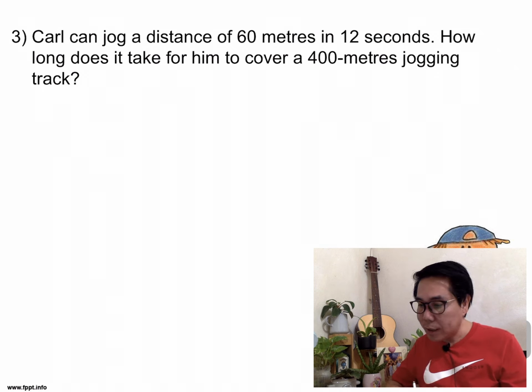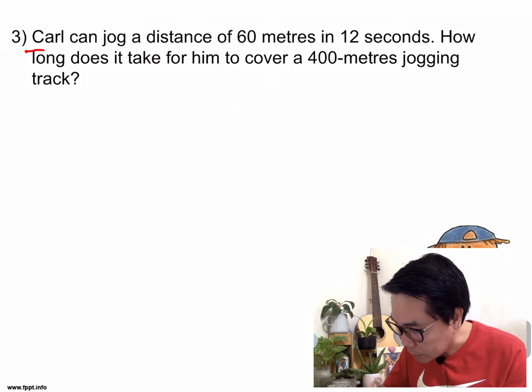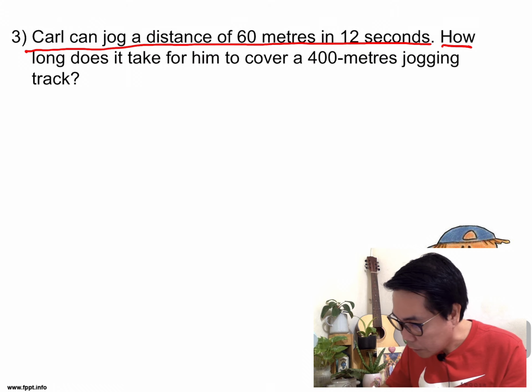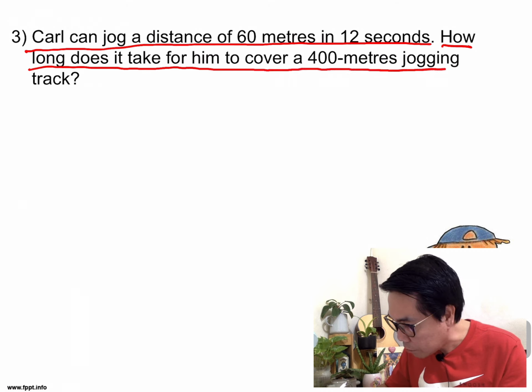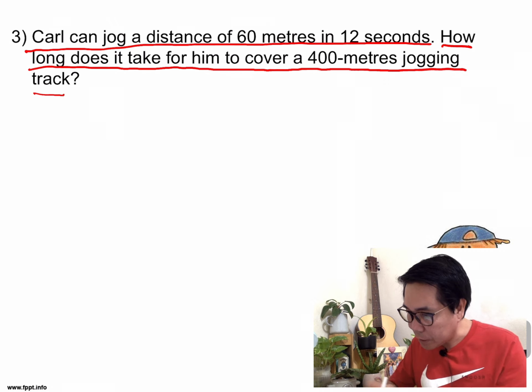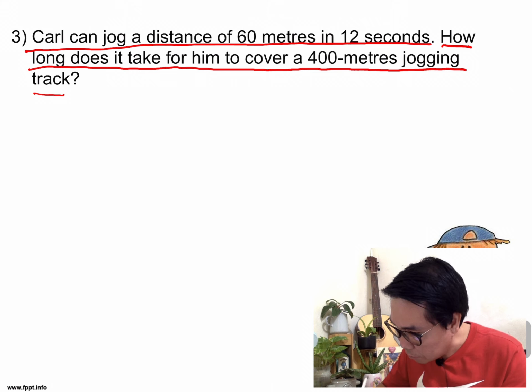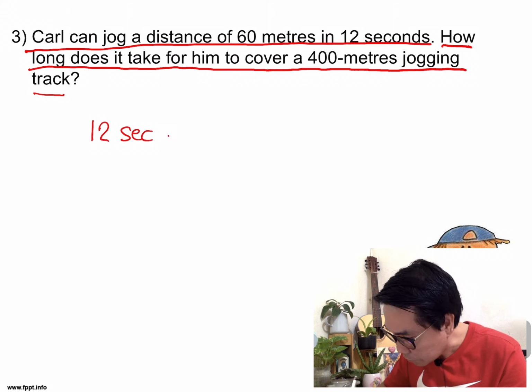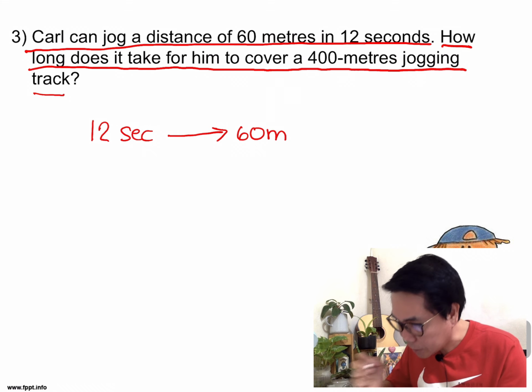Carl can jog a distance of 60 meters in 12 seconds. How long does it take for him to go over a 400-meter jogging track? It says for 12 seconds, that is 60 meters.